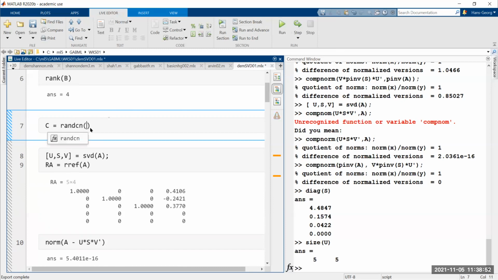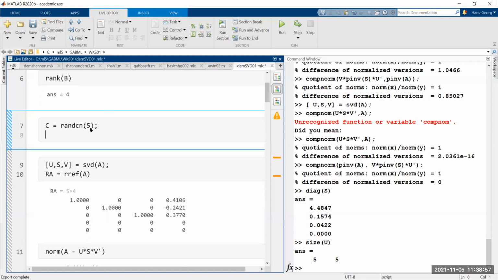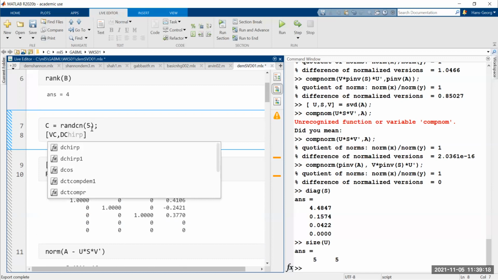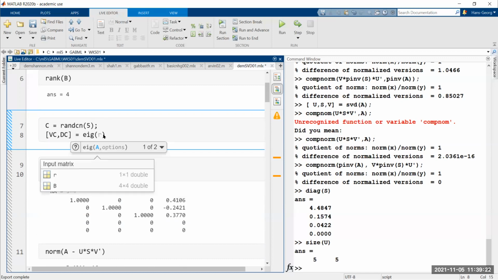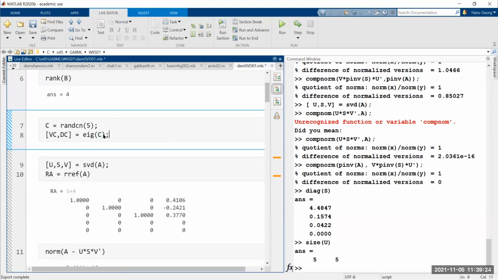It's just 5, a random matrix with complex entries, symmetric around 0, both real and imaginary part. And the eigenvalue routine gives me a collection of eigenvectors and a diagonal matrix. I call it DC. This is supposed to be the eigenvalues of the matrix C.